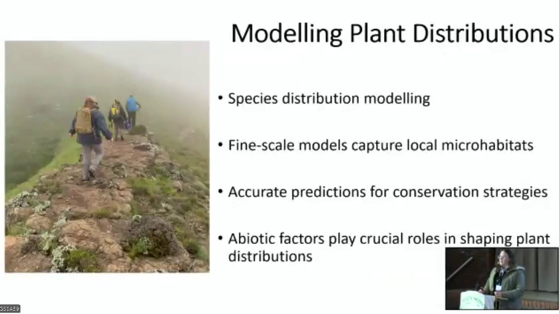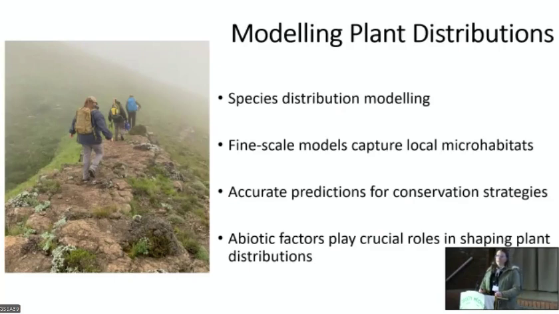Species distribution modeling is a powerful tool used to understand a species distribution and to predict how it will change in the future due to climate variation. Fine-scale models can offer an intricate look at the relationship between a species and its environment by representing the microhabitat. These can lead to more accurate predictions of the species distribution, which can help with conservation strategies.